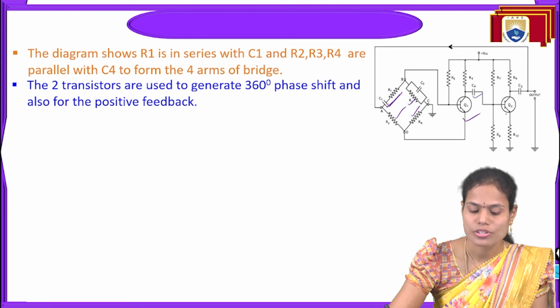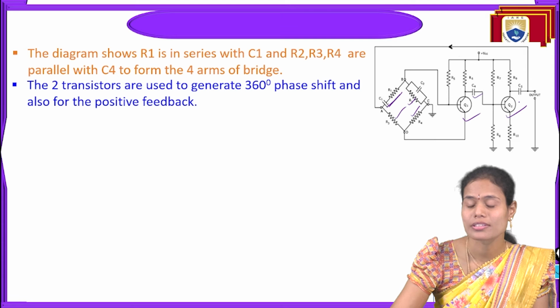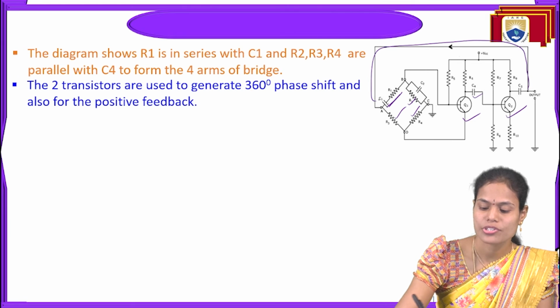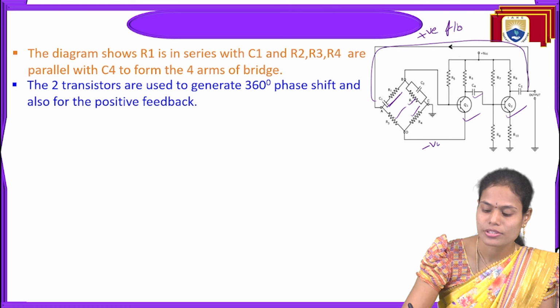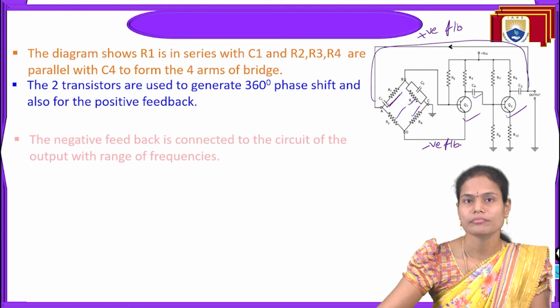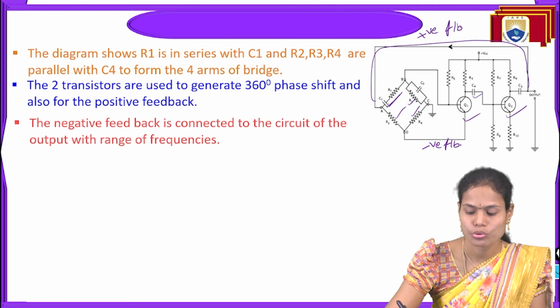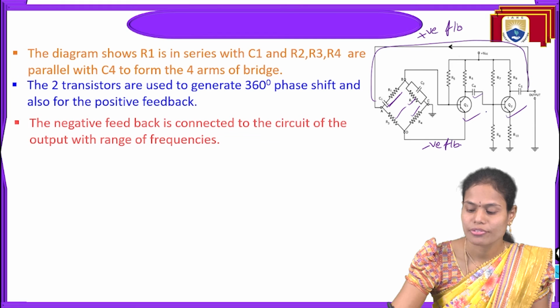And these 2 transistors are used to generate the 360 degrees phase shift as well as to provide the positive feedback. So that's why here I have mentioned it has positive feedback from the amplifier, and here it is the negative feedback from the feedback network. So the negative feedback is connected to the circuit output with the range of frequencies here.